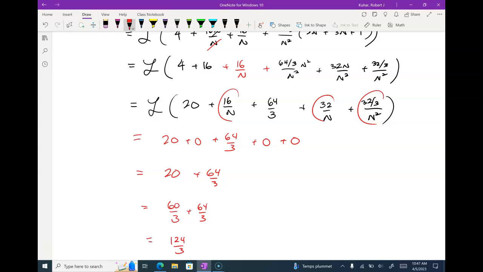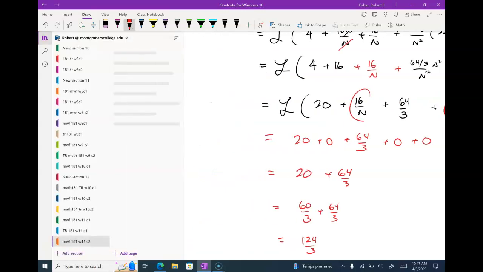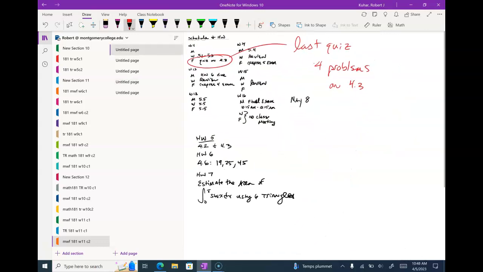You remember when we did our actual definite integral? Let's look at that definite integral before I simplify this. Come on, computer. I'm just going back to where we did our definite integral today.